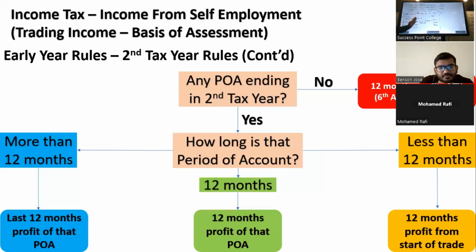Up to the second year there is no overlapping, because January 19 to March 19 and then April 19 to April 20 do not overlap. But here, you see, April, May, June, July. So July 19 to April 20 is here, and July 19 to April 20 is again here.